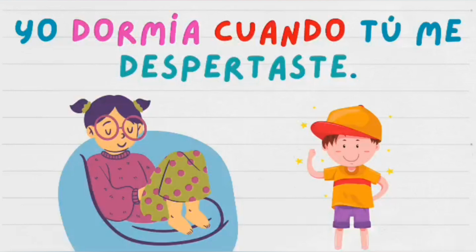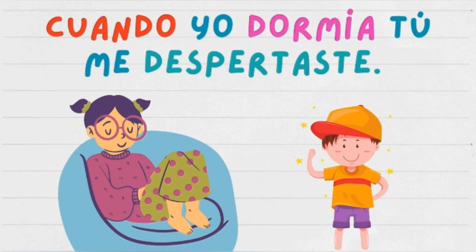I was asleep when you woke me up. Also, you can change position and you can say, when I was asleep, you woke me up, okay? This means in Spanish, cuando yo dormía, when I was asleep, tú me despertaste, you woke me up.